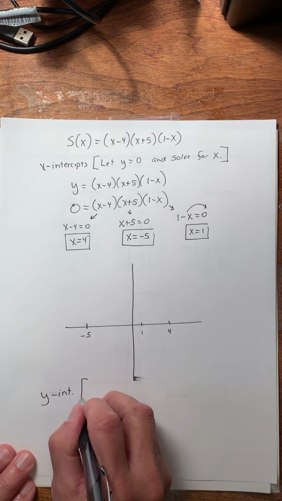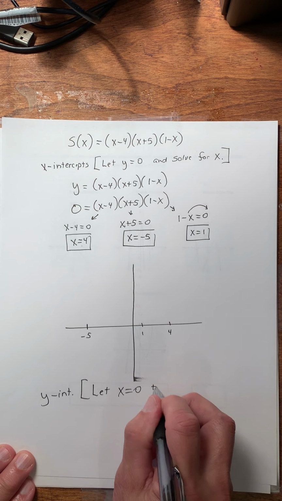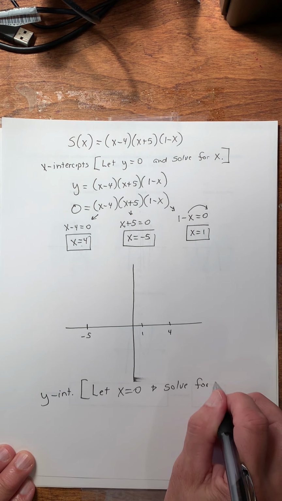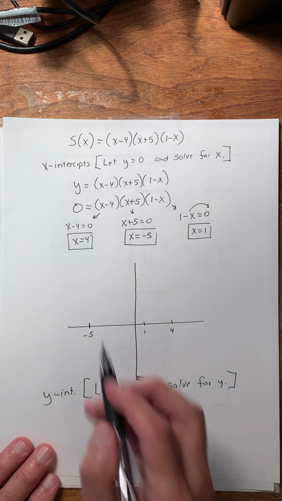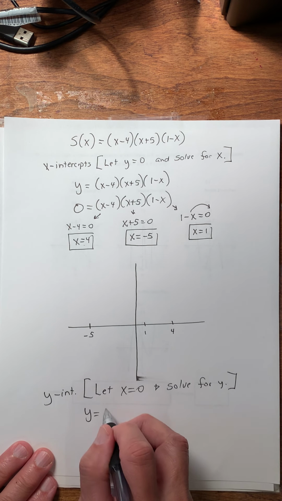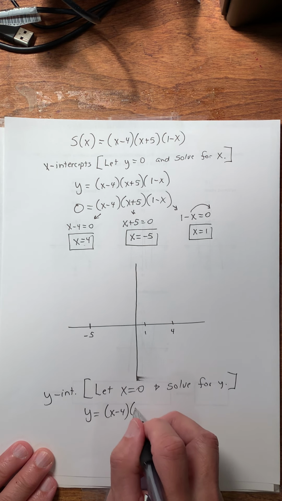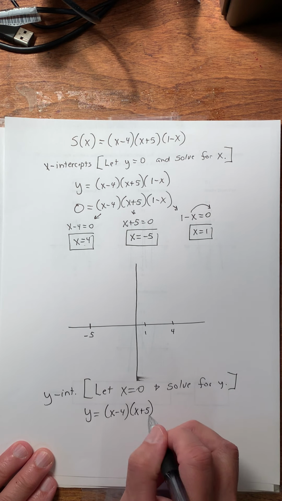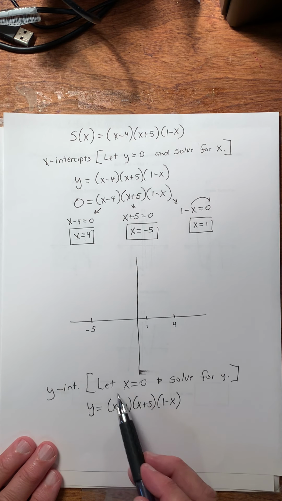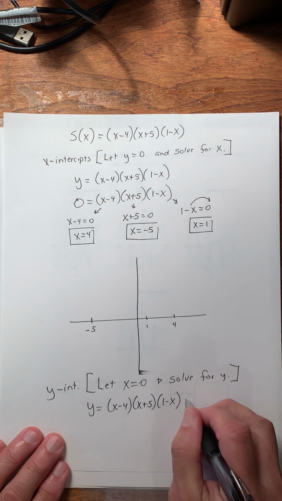How do I find a y-intercept? I let x equal 0 and solve for y. So in this expression right here, I'm going to let x equal 0. That means everywhere there's an x, I'm going to put a 0.